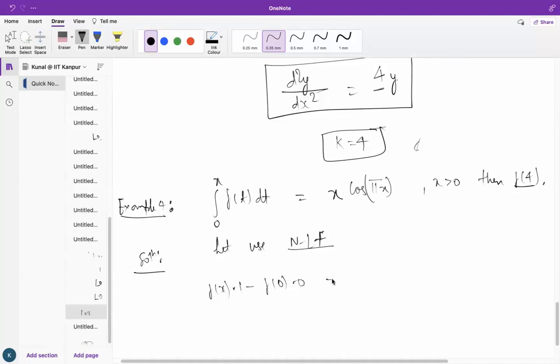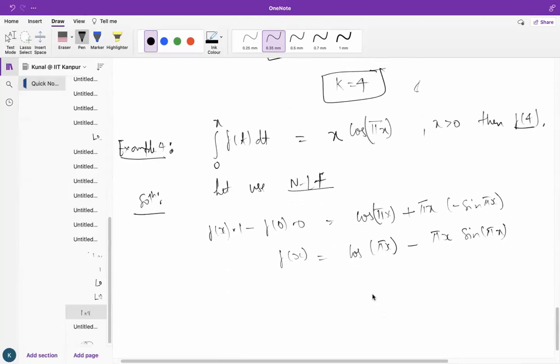So we get 0, and again differentiate on the right side. So what we get: cos of pi x plus x. Differentiation of cos is minus sine, so minus sine of pi x, and then again with respect to x, pi. So we get f of x is equal to cos of pi x minus pi x sine of pi x, right?